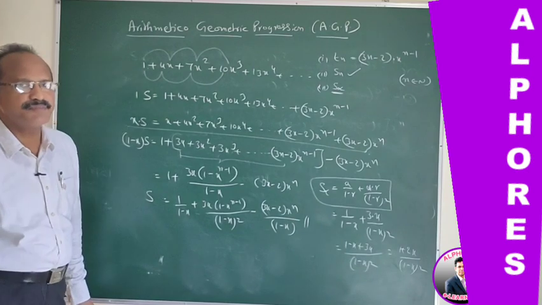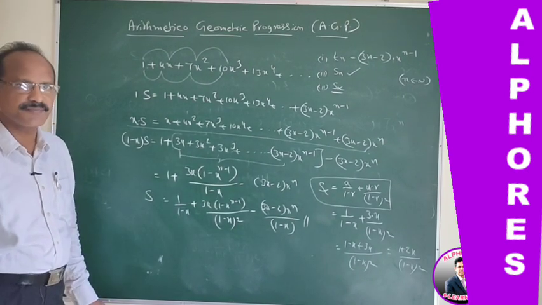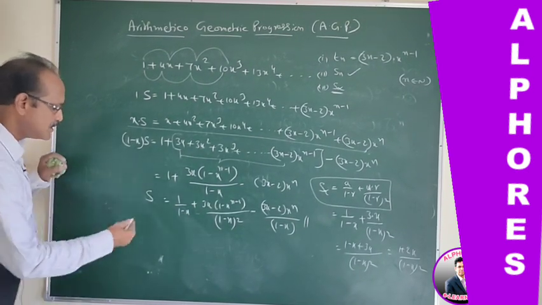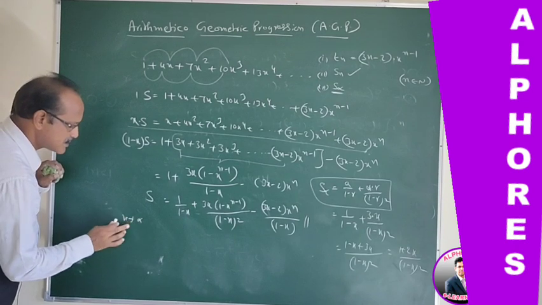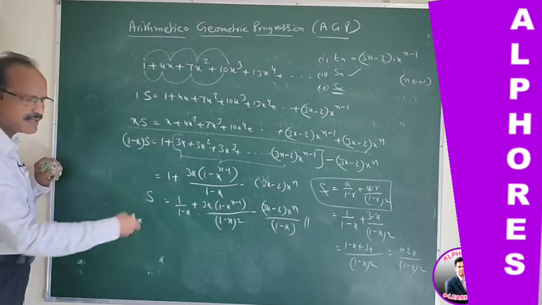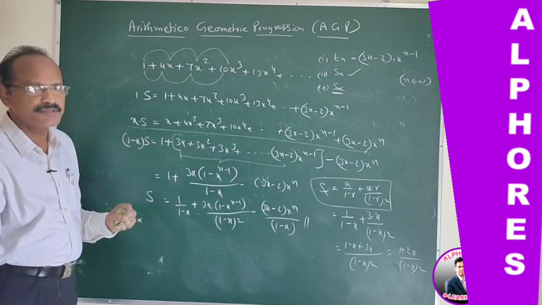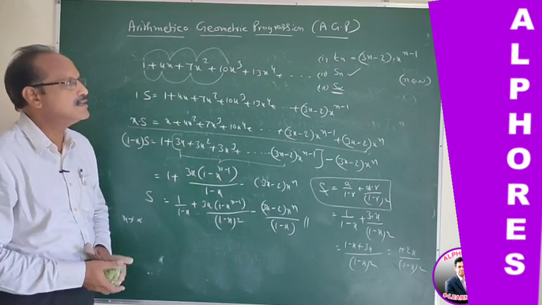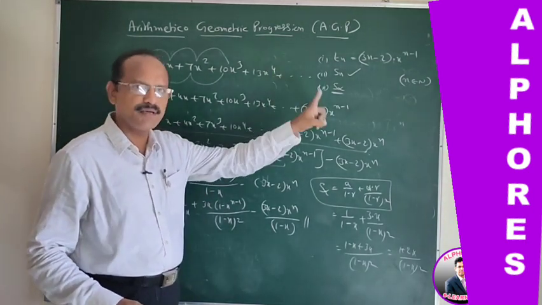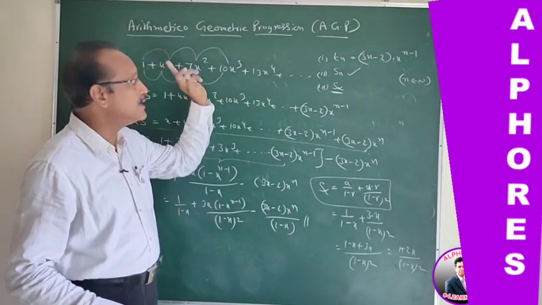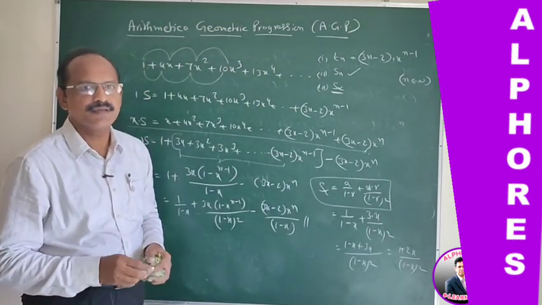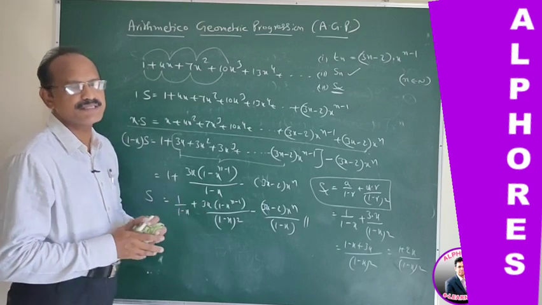That is the value of sum to infinite terms of AGP series, right? Or you can apply the n tends to infinity concept for this sum to n terms formula. You will also get the same answer. So that is the procedure for finding the nth term, sum to n terms, or sum to infinite terms of AGP series. Okay, this is about AGP series.